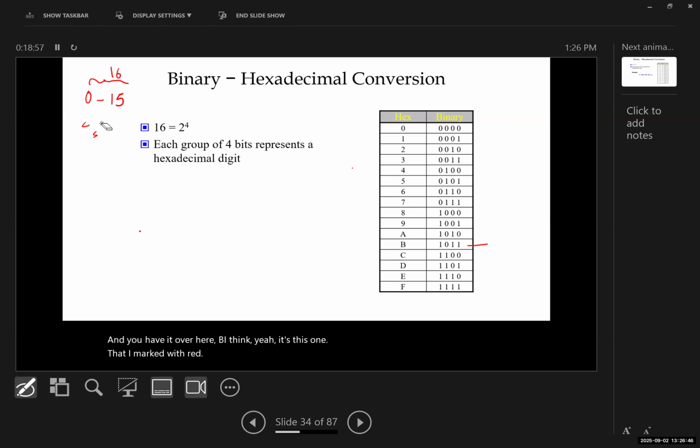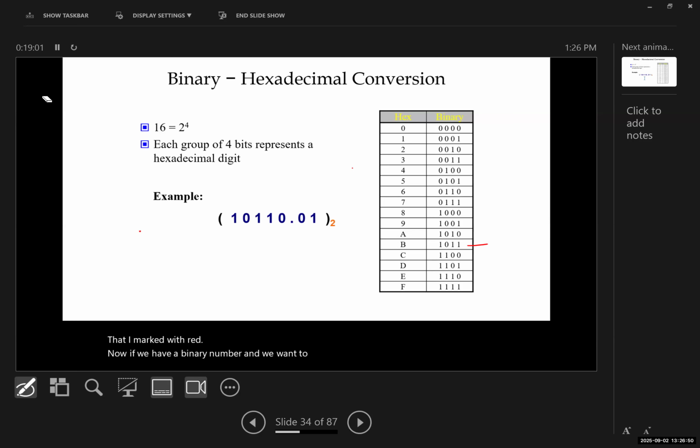Now, if we have a binary number and we want to directly convert it to hexadecimal, this is an example. 10110.01. Again, we start from the fraction point. We put it in groups of 4 digits, but I'm left with 1 digit over here. What should I do? Add 3 zeros here.